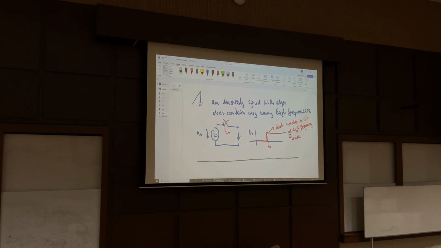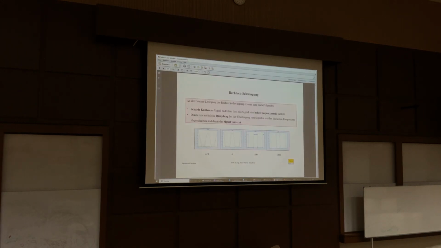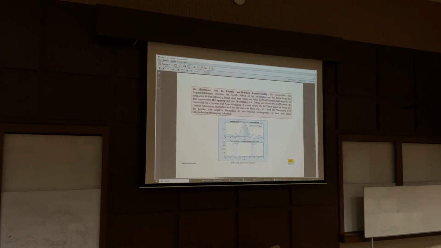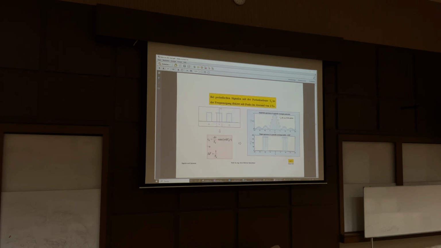And that means, if we look at our Fourier series representation, that such a pulse, or such a step function, creates a lot of high frequency components in the end, which influences the electronics around it.